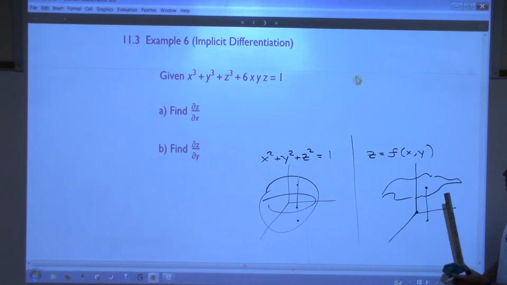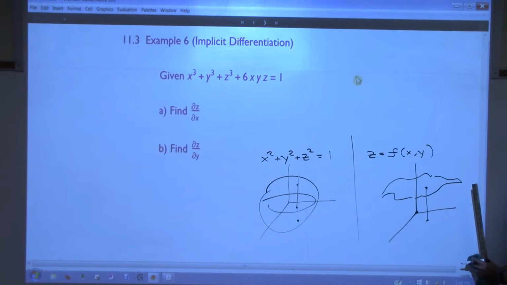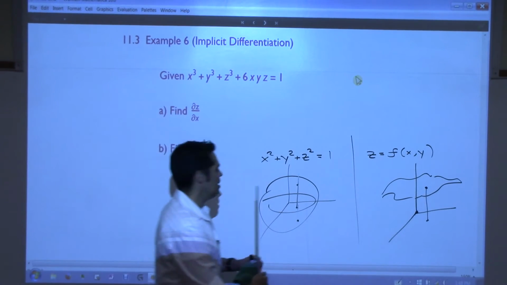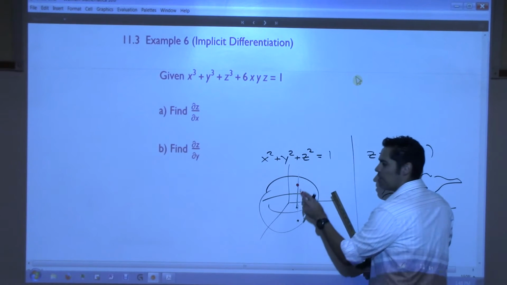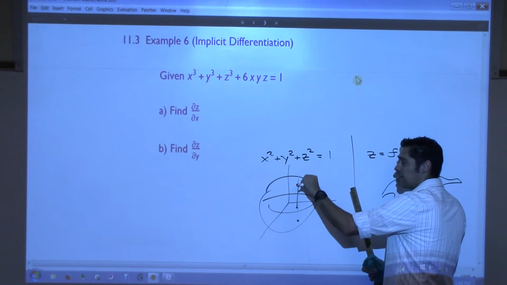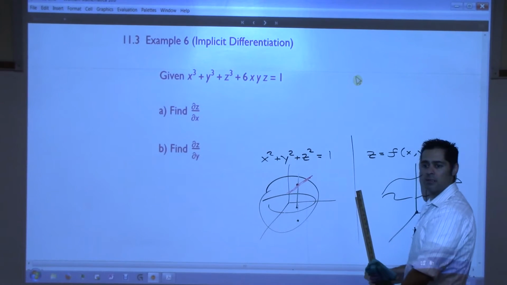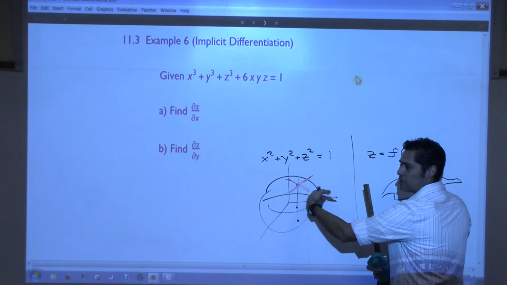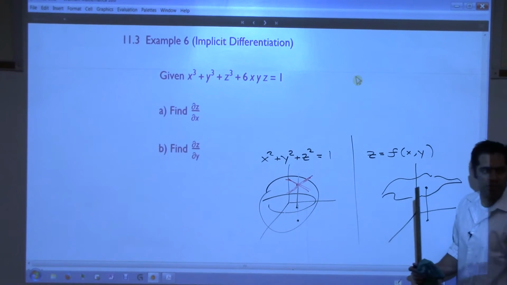Okay, but does it make sense to you that we should still be able to stand on that point and then look down parallel to the x-axis and find some tangent line slope there? And does it make sense that we should do it the other way too, pointing in the direction of the y? We should be able to do that still, shouldn't we?